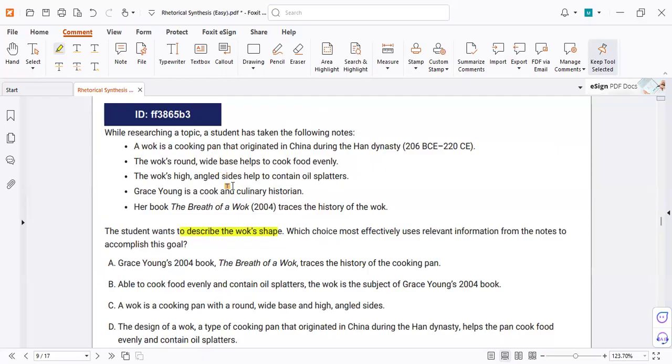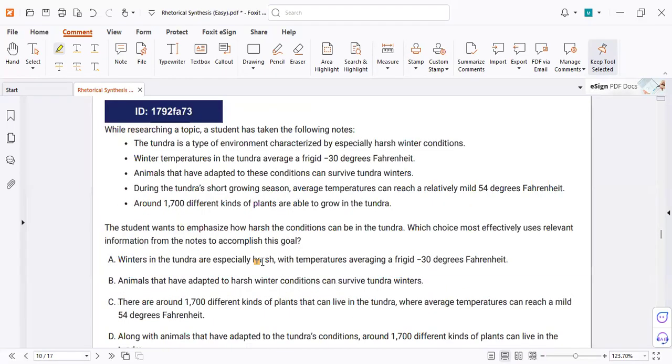Find the information about the shape and look at the symbol. No. Okay. So it's D. So letter C is correct. So always focus on what the question needs. It will help you. Relevant information. Yes, so C is correct. Okay. What is next?